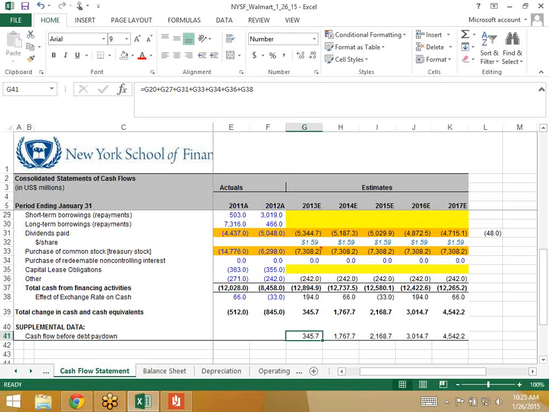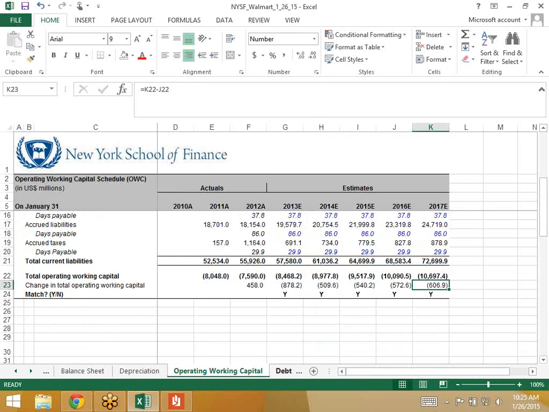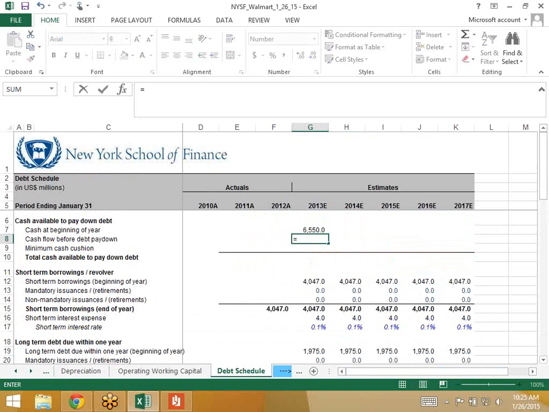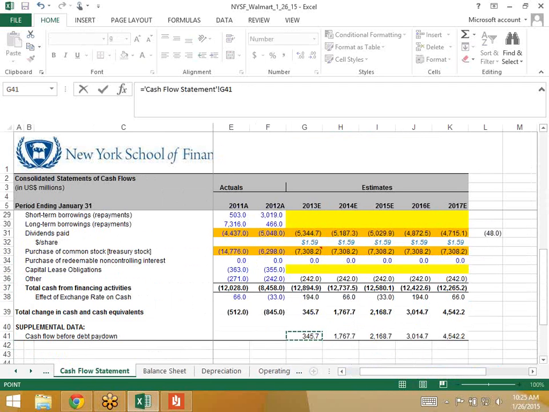You guys have that? This will be linked into the debt schedule. So the cash flow before that pay down, G8, is going to link in from the cash flow statement, G41.